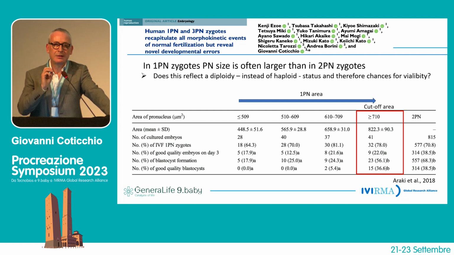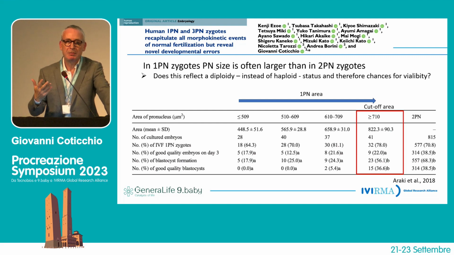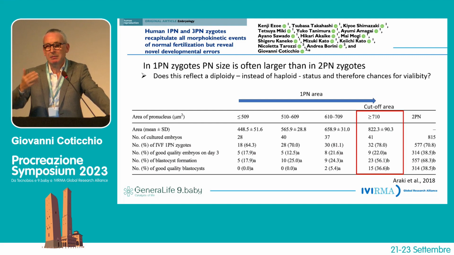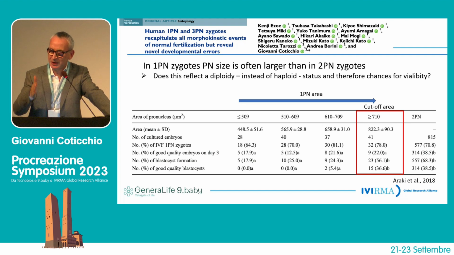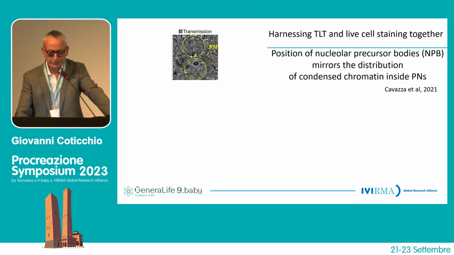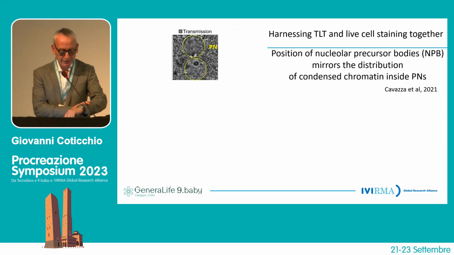So that tells us that there is maybe a possibility, a system maybe by PGTA, through which time-lapse technology allowing precise measurement of PN size at specific time points can allow for an early or preliminary prediction of normality of 1PNs.